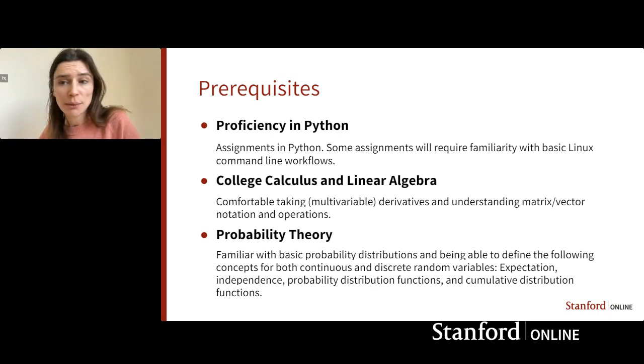We also streamline some of the content, but still it's not easier. I just want to make this very clear: in terms of the content, it's still the same. So we have 3 core prerequisites: proficiency in Python, so you're able to work on those coding assignments; college calculus, linear algebra, and probability, so that you get an understanding of the subject matter.